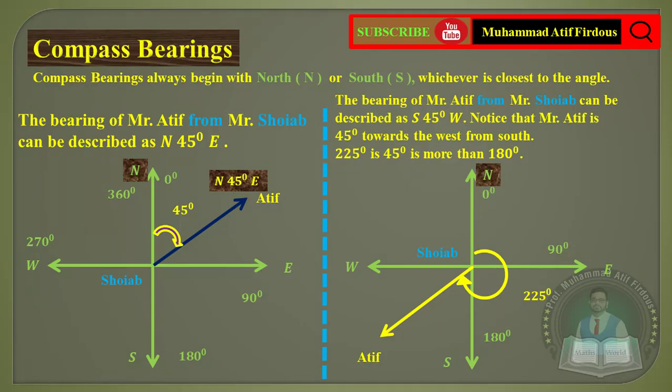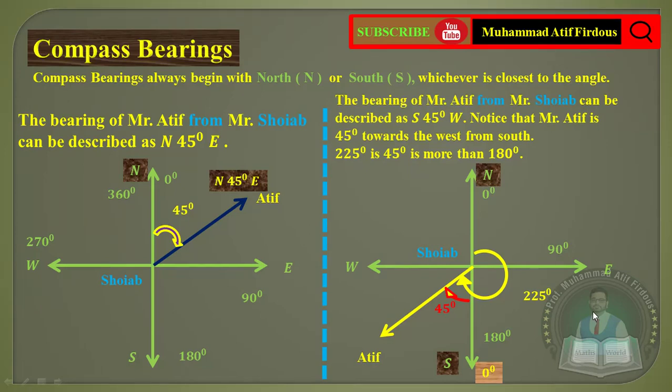Now you can take the angle from south, because in compass bearing you can take the angle from north or south, whichever is closest to the angle. So you take the angle from south, 45 degree towards the west from south.